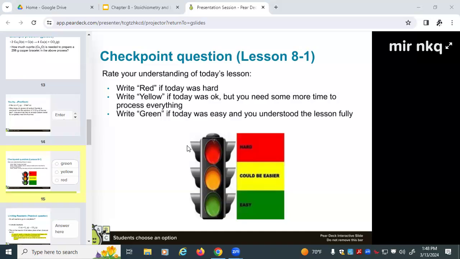Now, that particular type of problem is a little bit harder because before we can even answer the question of how much product there is, we have to first answer the question, which of the reactants is going to run out first? And so Friday's class is going to be kind of multi-dimensional in that place. I'm going to teach you how to do both things at the same time. How do you identify what runs out first? How do you identify how much product to get at the end?